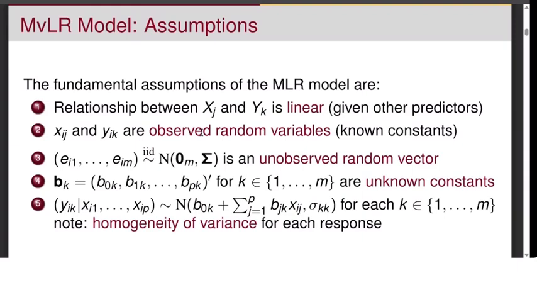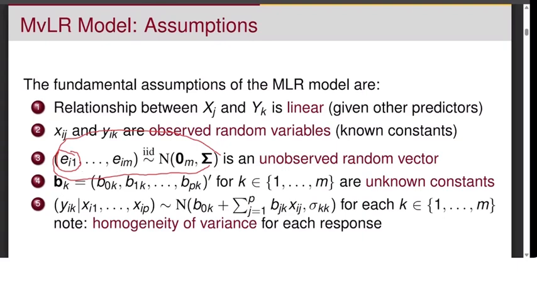And of course, I want you to pay attention to the error here. If you take a look at the first one here, it's a vector on its own. That would be the error associated with the first response. Don't forget we have m number of response variables, so we're also going to have errors associated with all of them. And of course, that is the distribution.